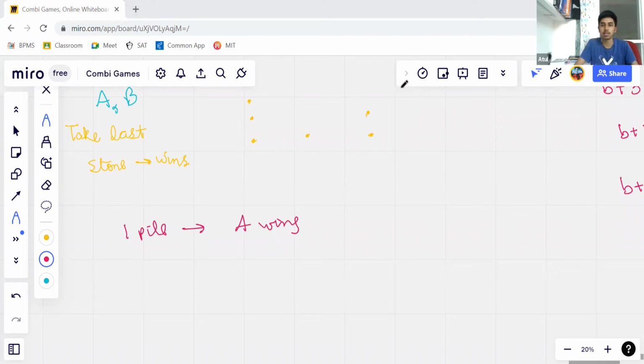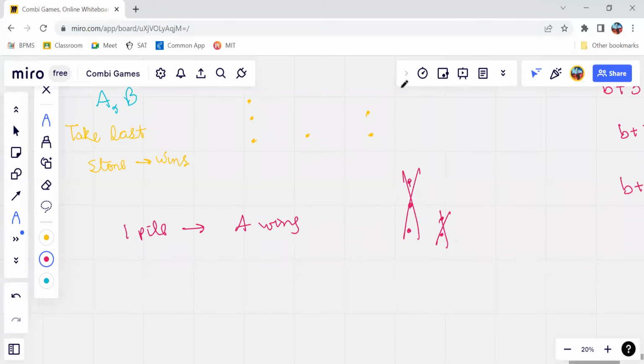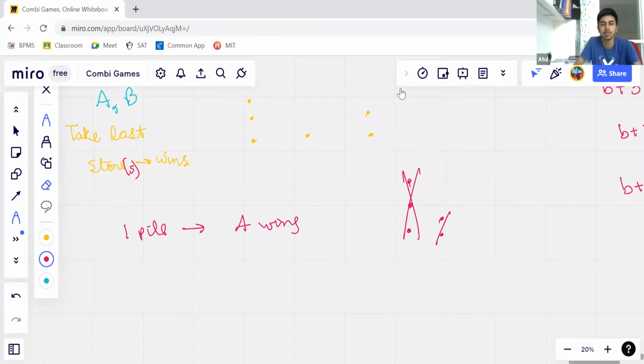By last stone, I mean the stone that's remaining. For example, if first player takes off these 3 stones, then the second player can remove these 2 stones, and these are the last stones. Oh, last stone or stones, in case that was the confusion. You can remove multiple stones in the last move too.